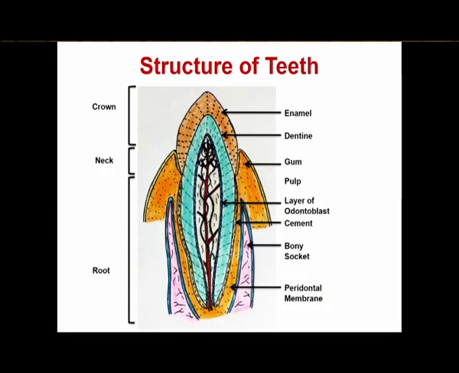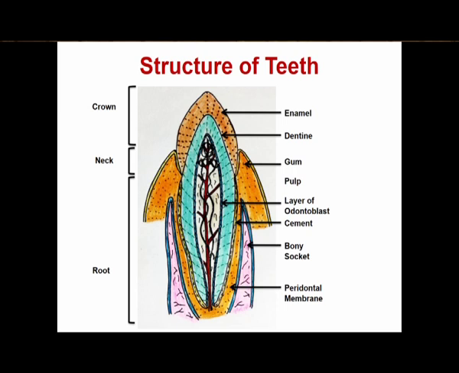One is the crown, the middle portion is called the neck, and the lower portion is called the root. The root of a tooth is inserted into a bony socket, which is covered with the periodontal membrane, and it is also filled with cement-like structures.